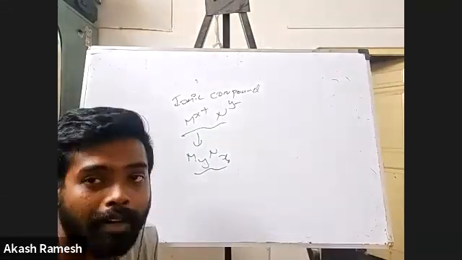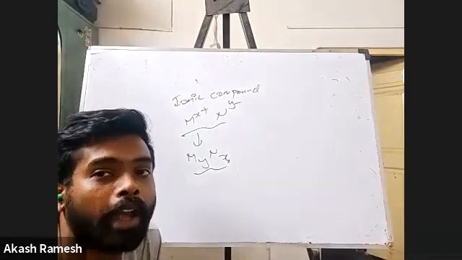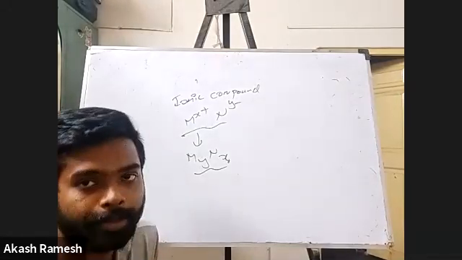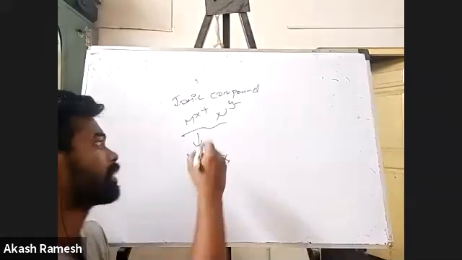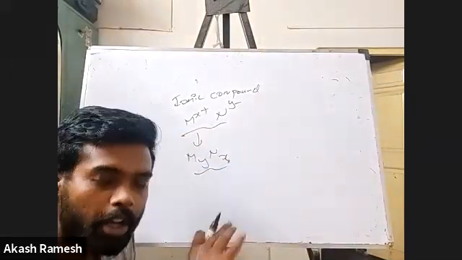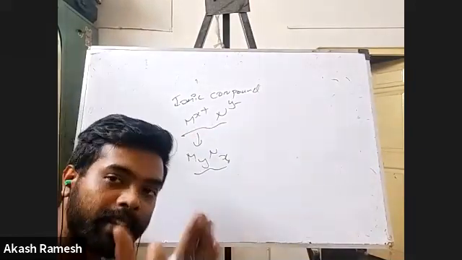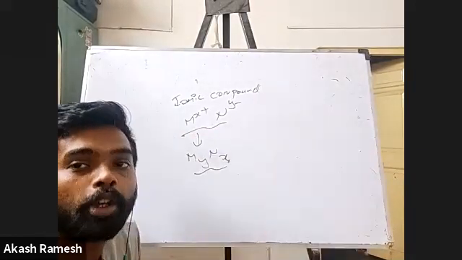Now if you have an ionic compound like this, how will you calculate the equivalent mass of the whole compound? Pretty easy. Just take the metal cation and the anion separately, find their equivalent masses separately, and then add them both.